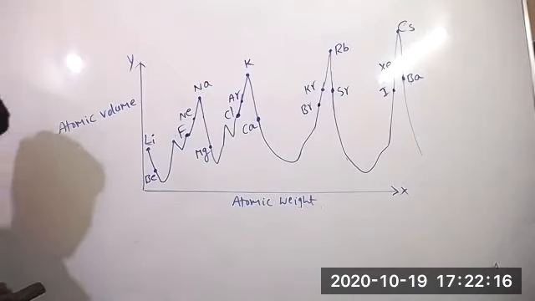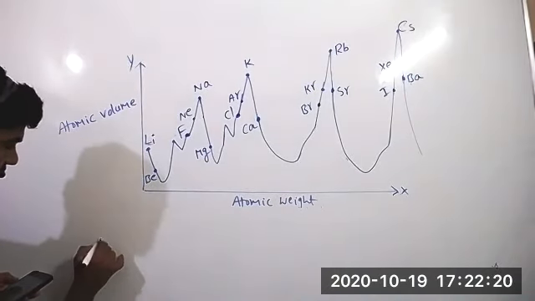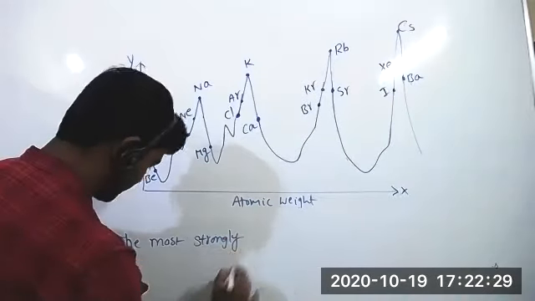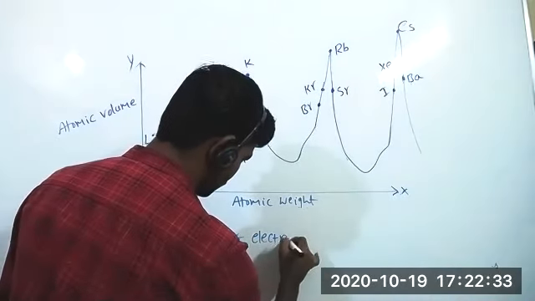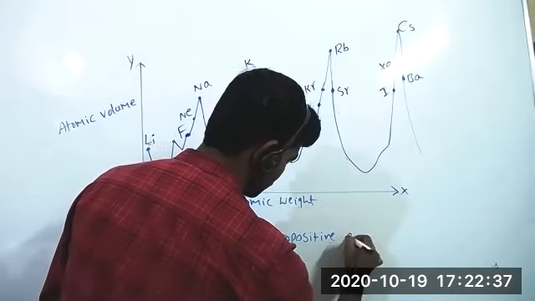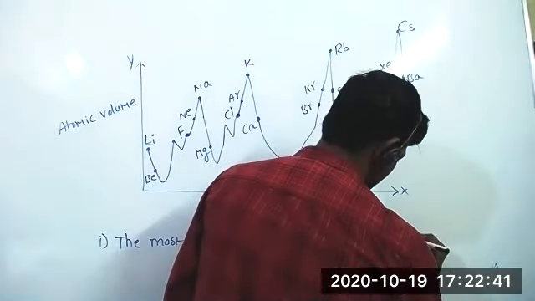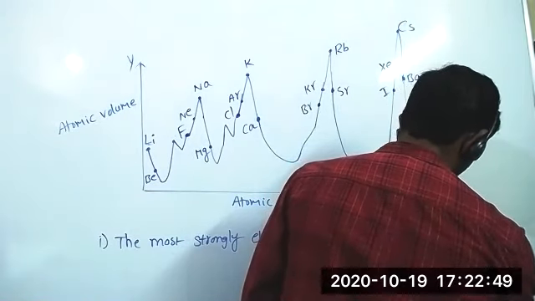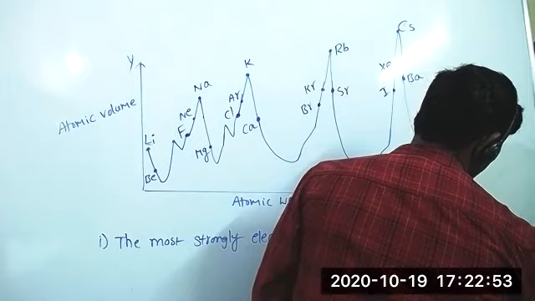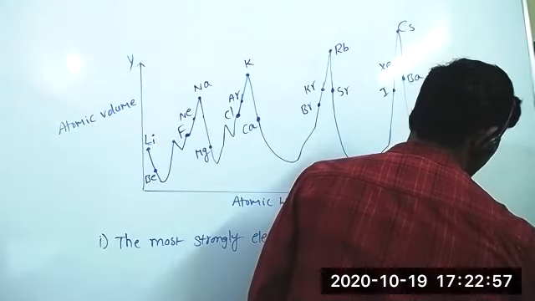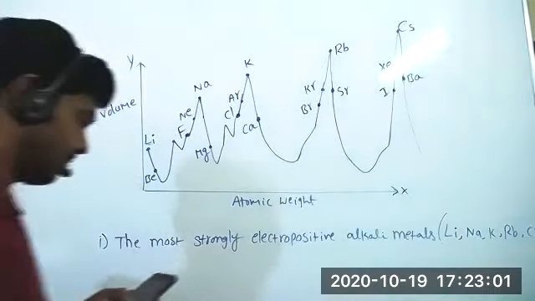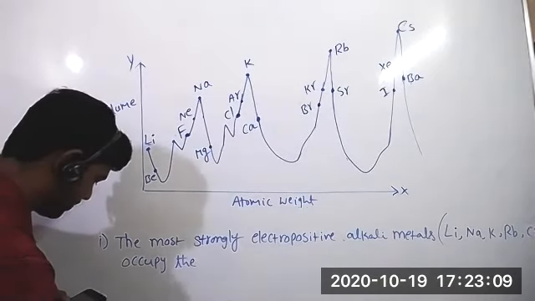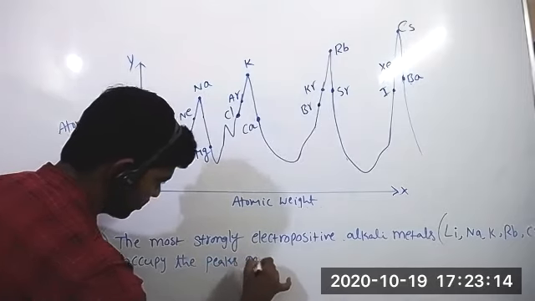First point: the most strongly electropositive alkali metals, lithium, sodium, potassium, rubidium, and cesium, occupy the peaks on the curve.